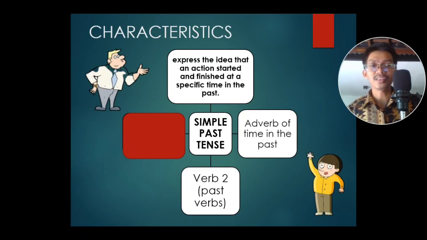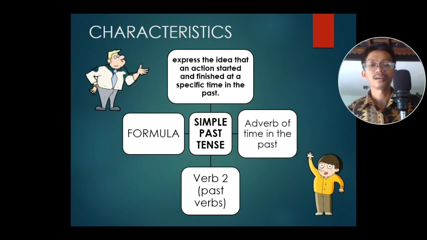And the other thing, simple past tense also uses verb 2 or past verbs. And what is the other characteristic? The other one is the formula. And what is the formula? I don't know sir, I'm sorry. Well, thank you very much my son. I'll explain about the formula later. Okay sir, you're welcome.